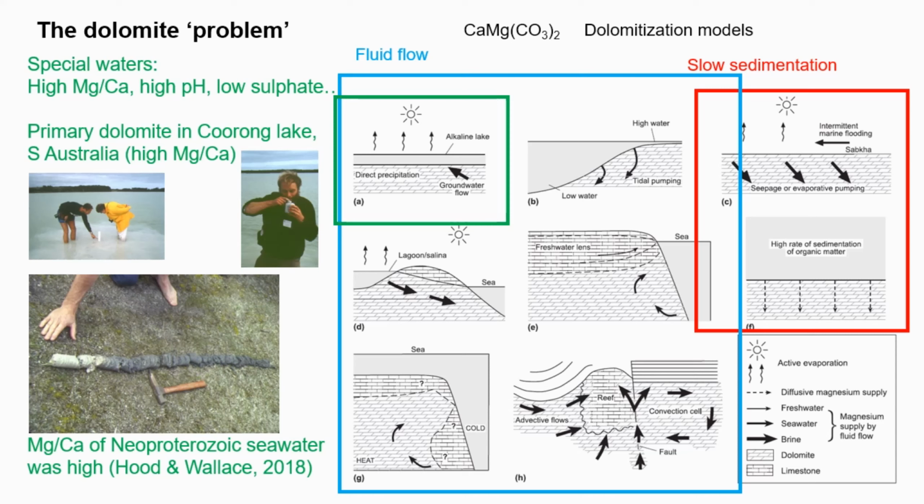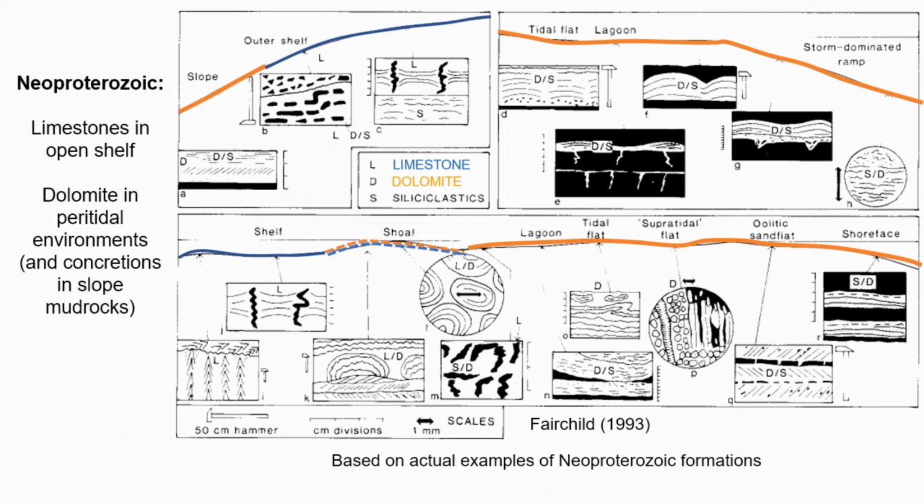The photos on the left show an example from the Coorong area of direct precipitation to form what they told me was yogurt dolomite. Well, not an edible dolomite, but a fine textured precipitate as the lake dries out seasonally. And the evidence points to magnesium-calcium ratio being very high in seawater through the Neoproterozoic. In these diagrams of Neoproterozoic carbonate depositional environments, orange denotes dolomite and blue limestone.